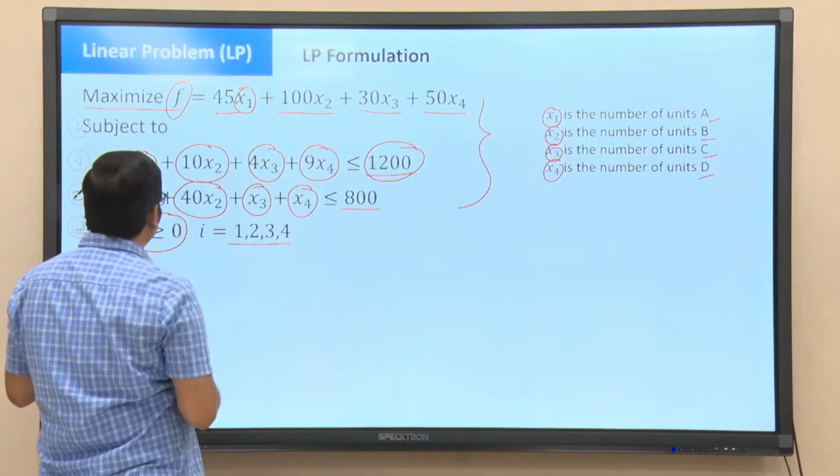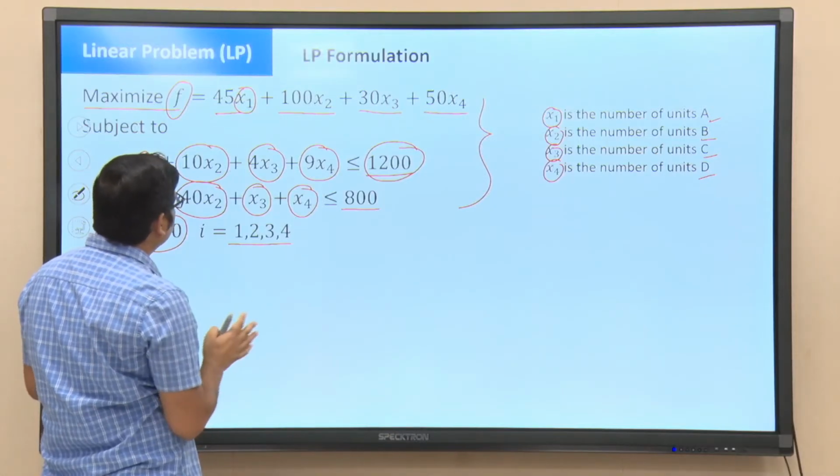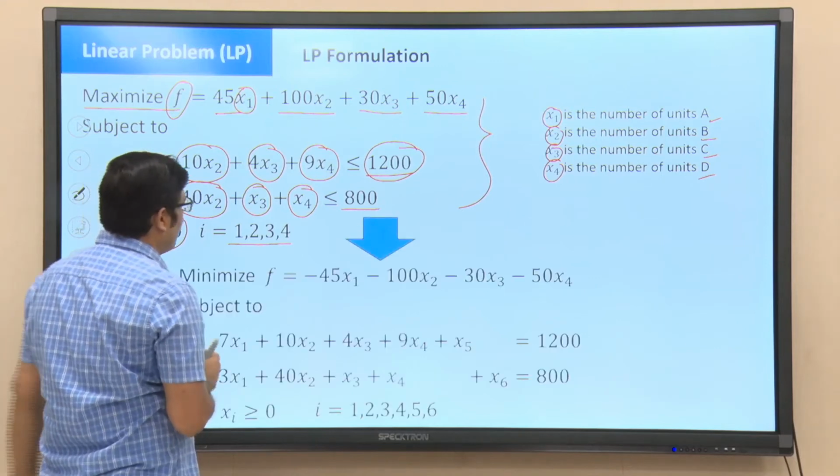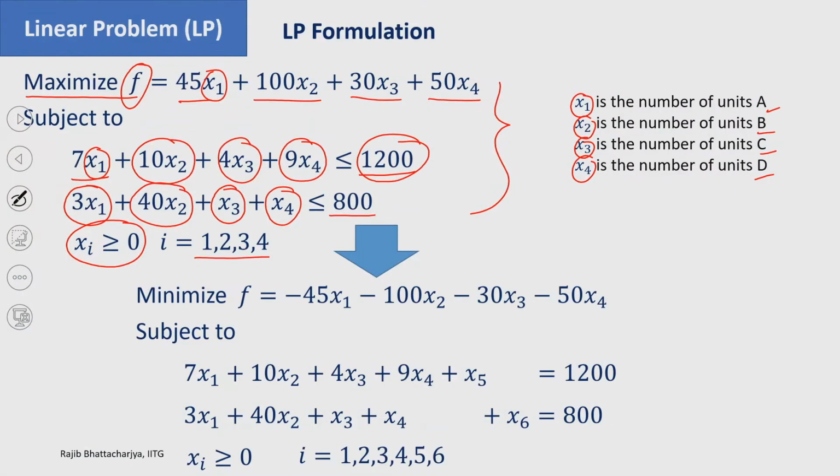So, what you have to do basically, we have to convert this problem to standard form. So, the first one is that I would like to convert it to minimization type. So, how I am converting? I am multiplying the objective function by minus 1. So, therefore, I am getting minus 45 x1 minus 100 x2 minus 30 x3 and minus 50 x4.